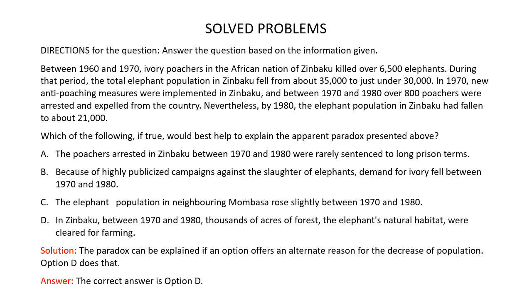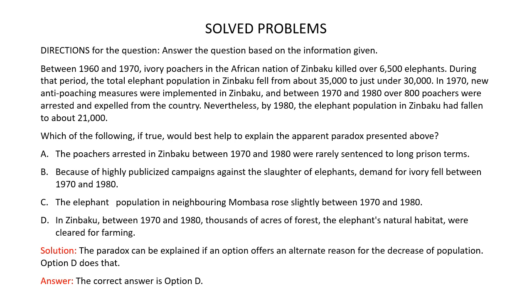This is the paradox. Now, this paradox can be explained if an answer option offers an alternate reason for the decrease of population. Now, when you look at the given answer options, you will see that answer options A, B, and C are irrelevant.